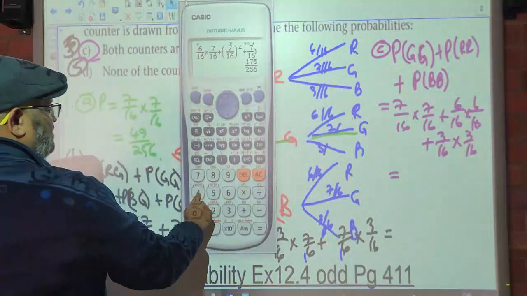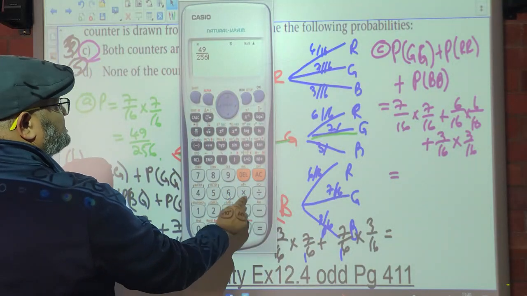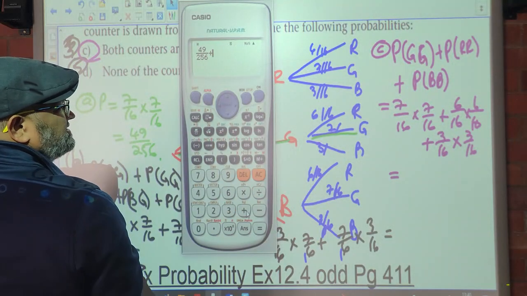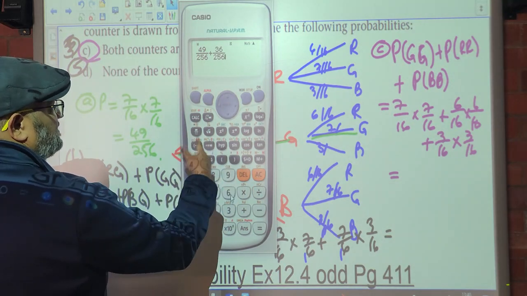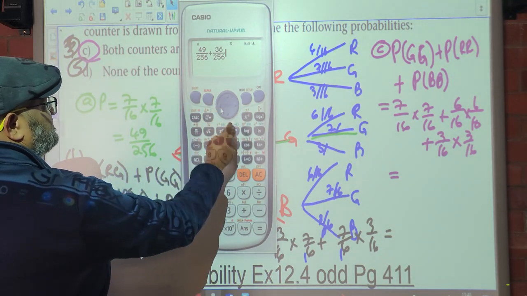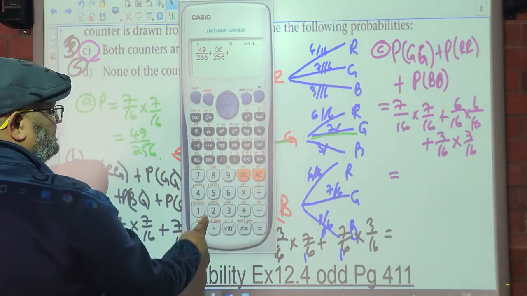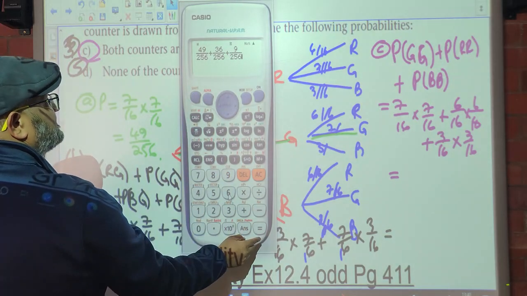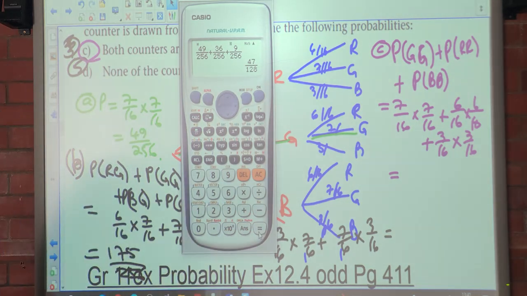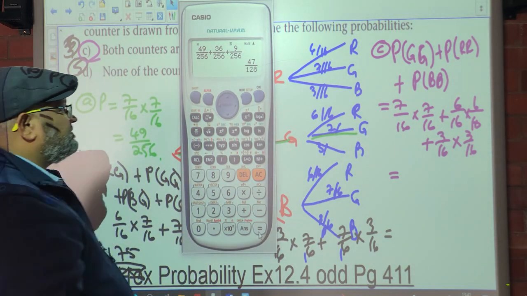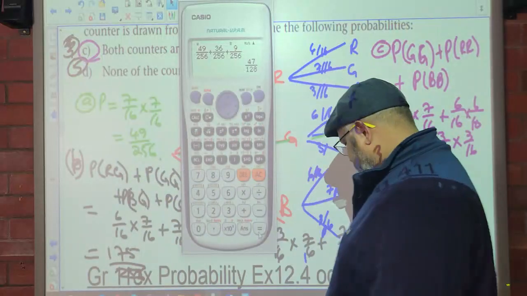So it's 49 over 256 plus 36 over 256 plus 9 over 256, written with one denominator. That gives 47 over 128. You okay with that?